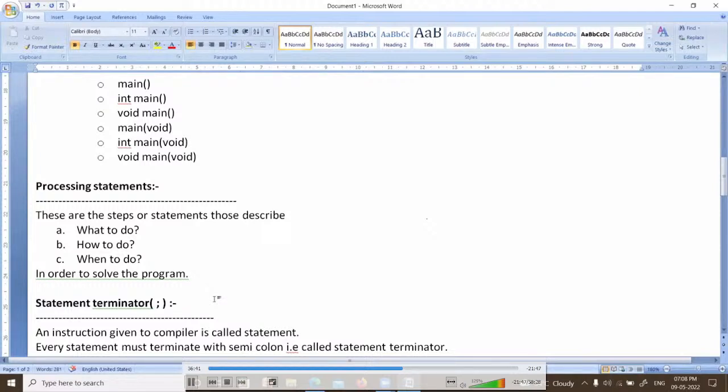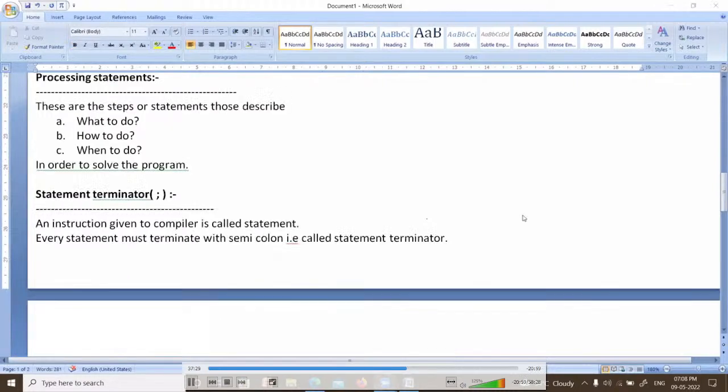Can I scroll down up to processing statements? Kamlesh, good. Jyotirmay, good.